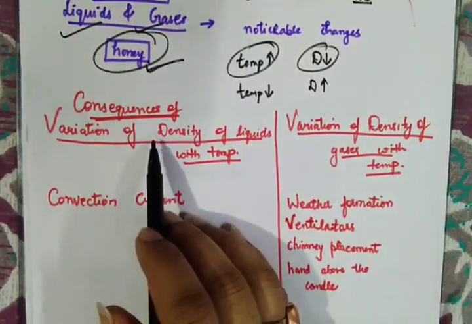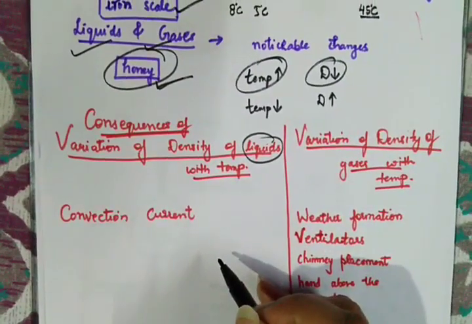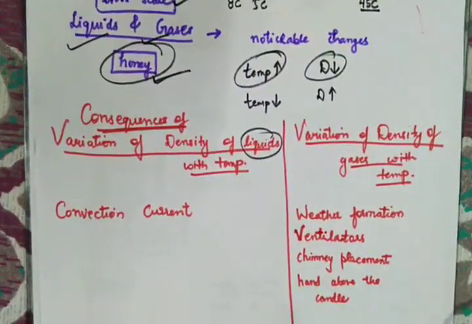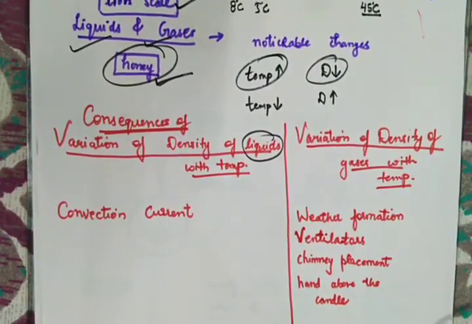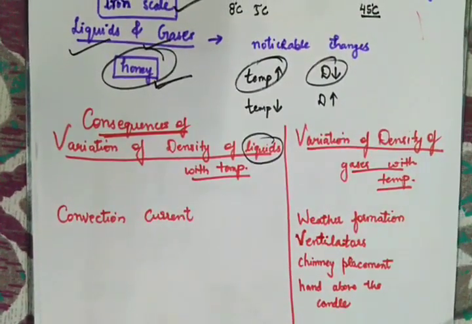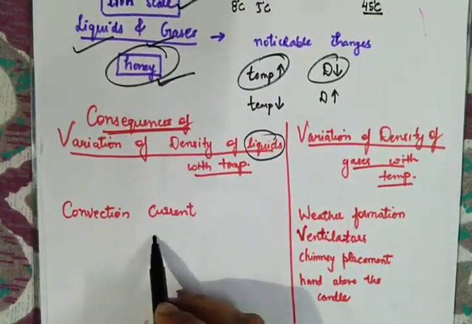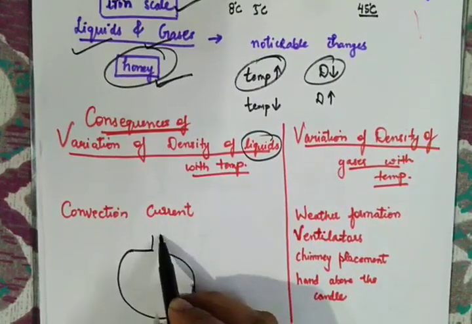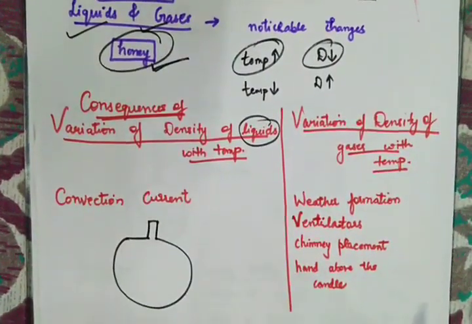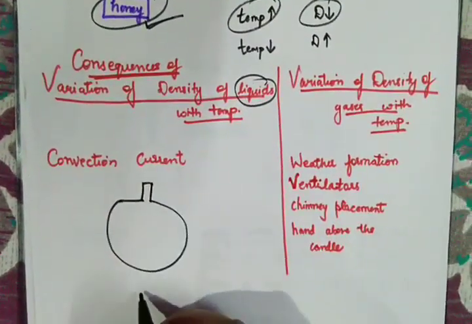First we are going to see the effect in the case of liquids. I hope you remember in the last chapter also I told you that whenever the temperature is rising, the density of liquids is decreasing. Like if I take one more example, suppose you are having a container and you are making tea in that. Let's take a round bottom flask and you are making tea.